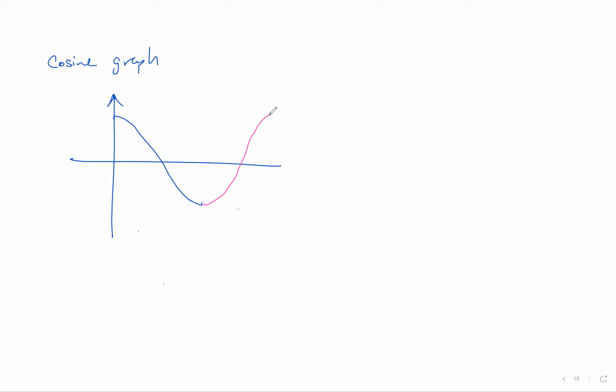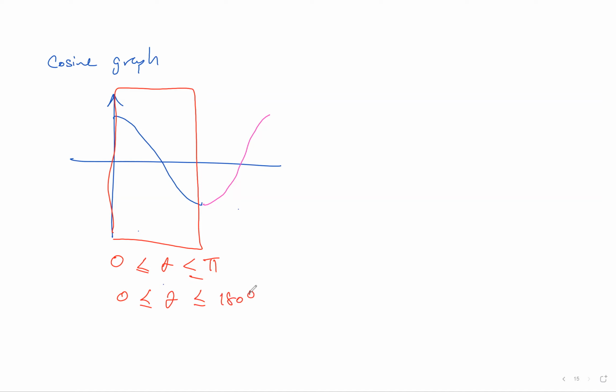So we just choose this portion of the graph, which is 0 to pi or 0 to 180 degrees.